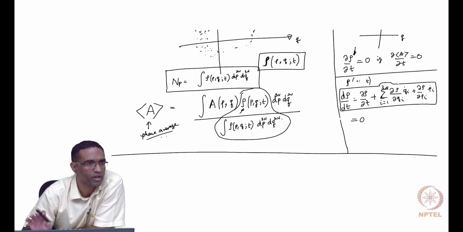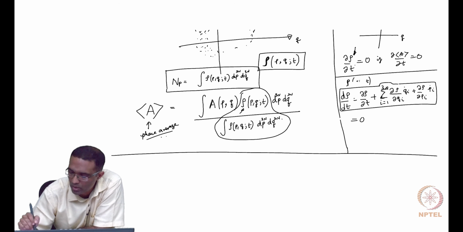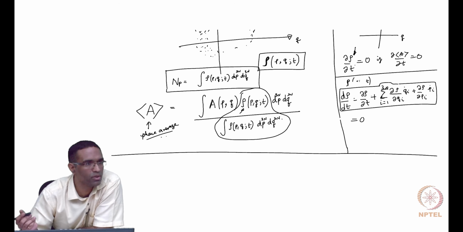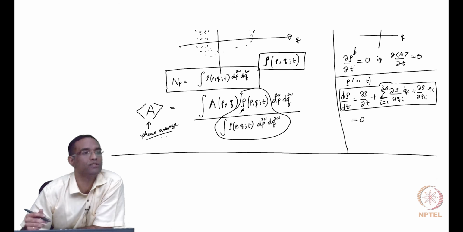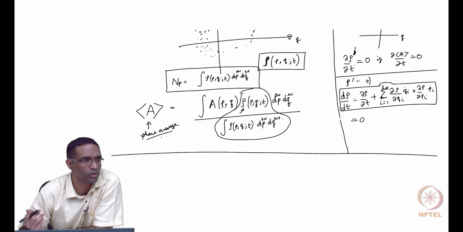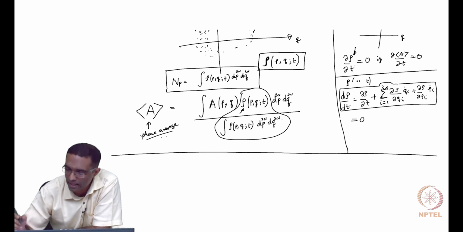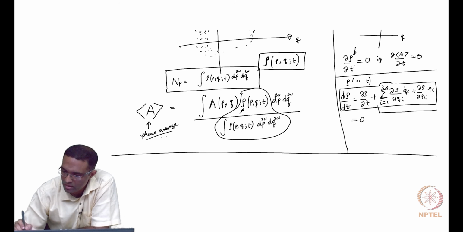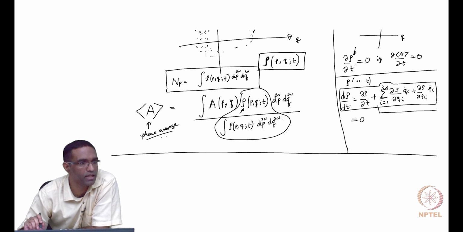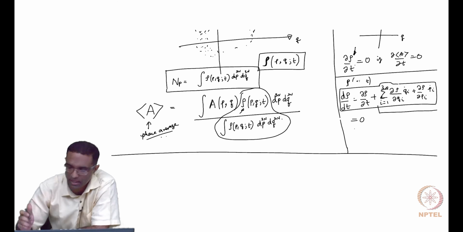Otherwise, it need not be 0. Now, if d rho by dt is 0 anyways, and dou rho by dou t has to vanish, then this quantity here has to be 0, right?